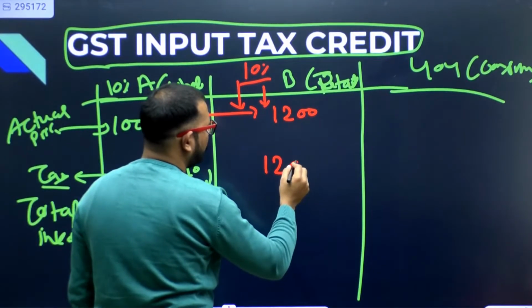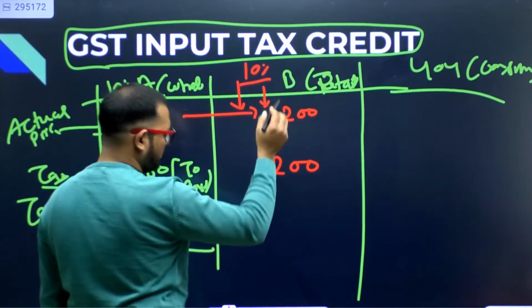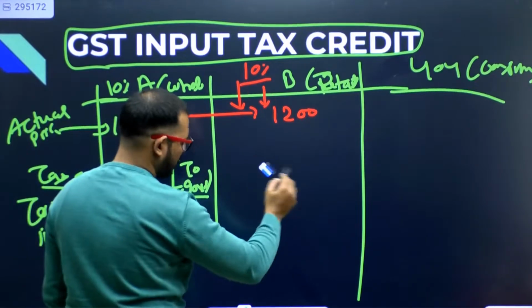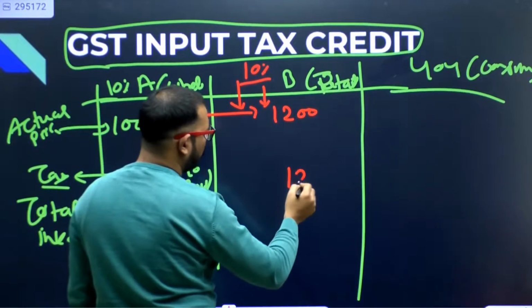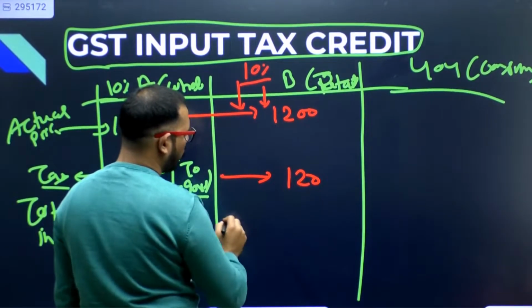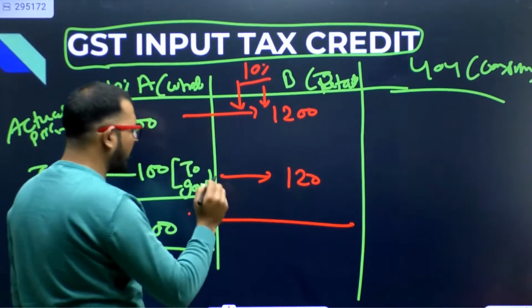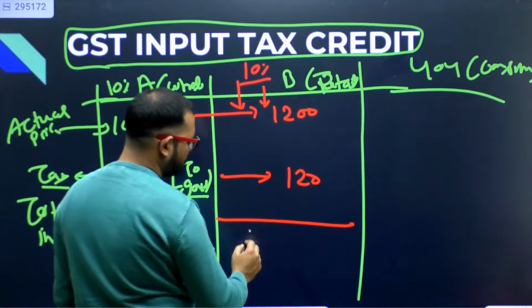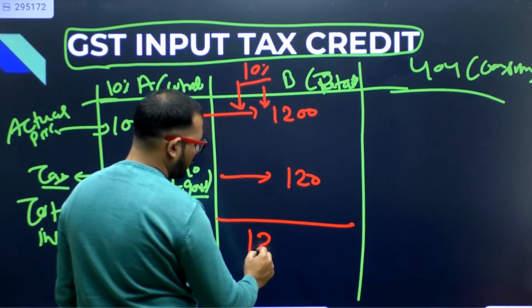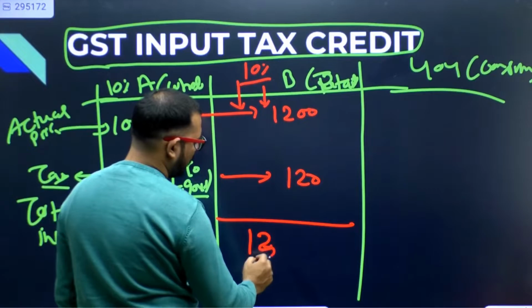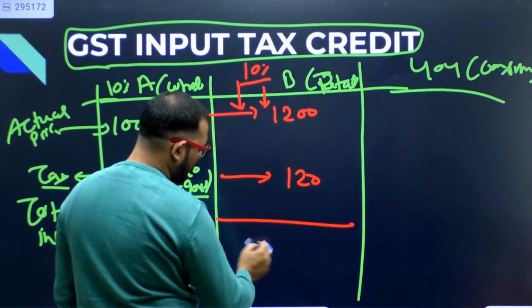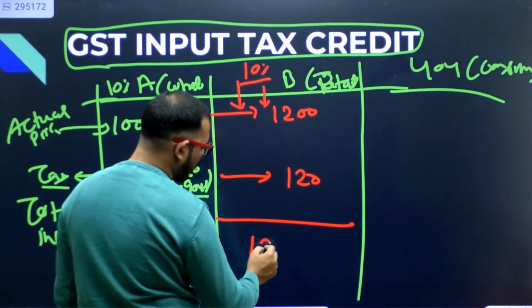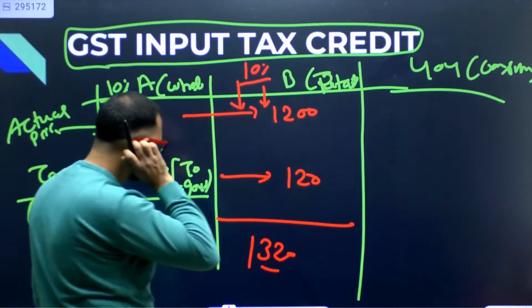So it becomes 1200, tax becomes 120, and the total amount has become 1320. Total invoice is 1320.